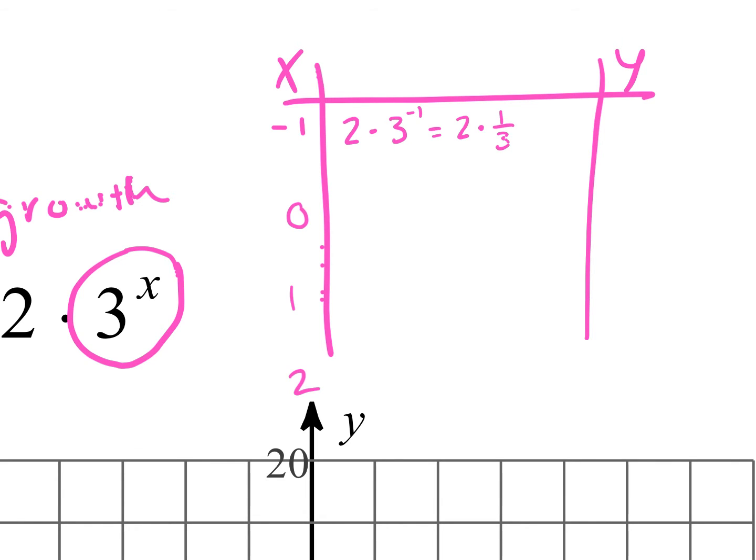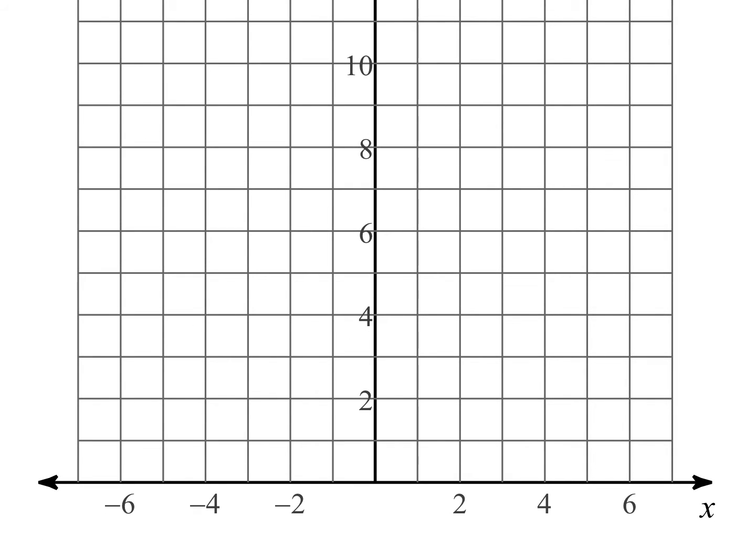The exponent turns it into a fraction. If it's already a fraction, it just flips the fraction. So 2 times 1/3 is 2/3, so y is 2/3. Our point is (-1, 2/3). On our graph, we go to the left one and up 2/3, which is about here. Not quite to 1 yet.